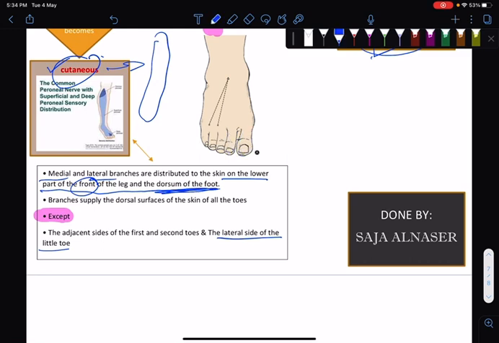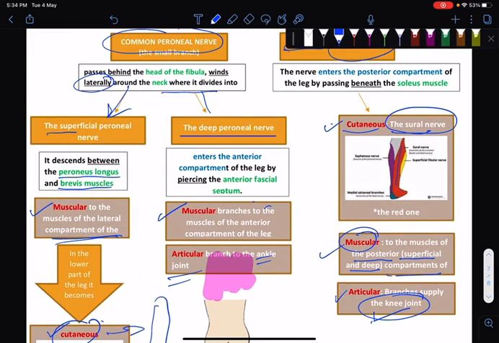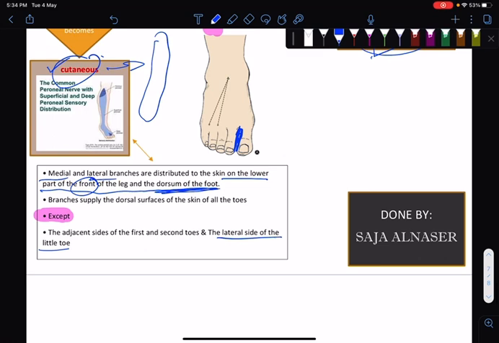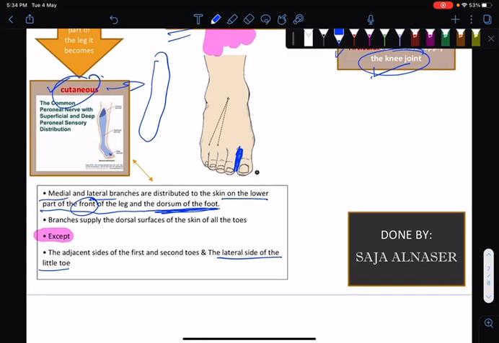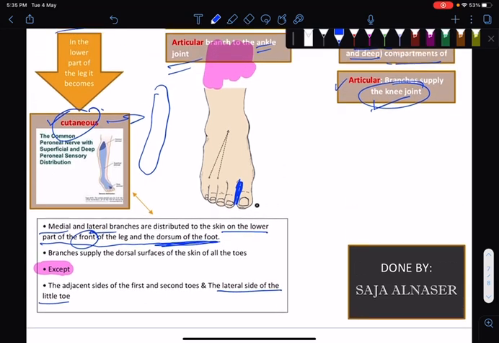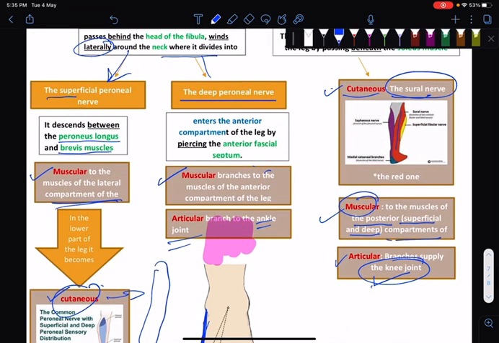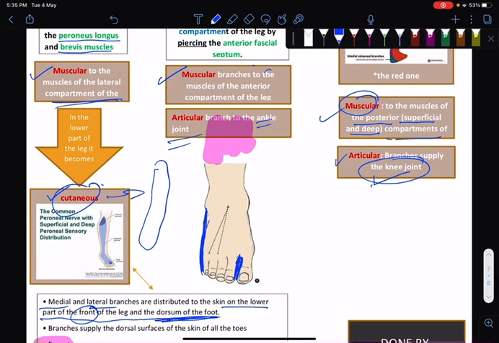So the adjacent sides, the skin adjacent to them، اللي هو هذا السكن اللي هنا، هذا ما بيعمل له supply الsuperficial peroneal nerve. وكمان في lateral side of the little toe، اللي هو هذا السايد، أيضا ما بيعمل له supply superficial peroneal nerve الكتينوس تبعه.